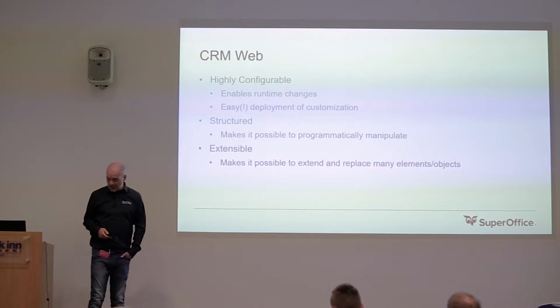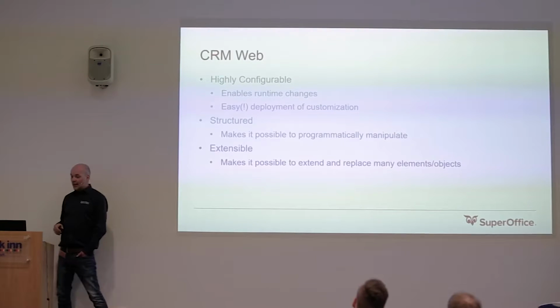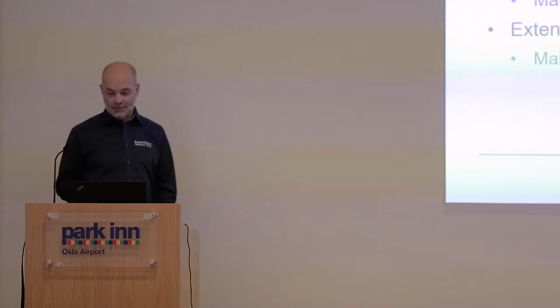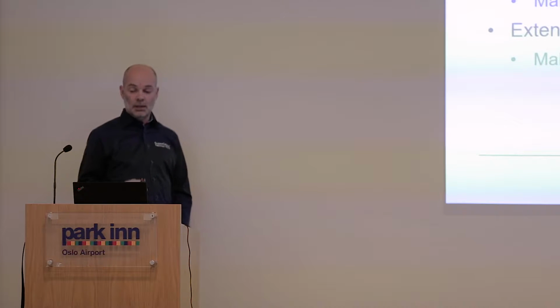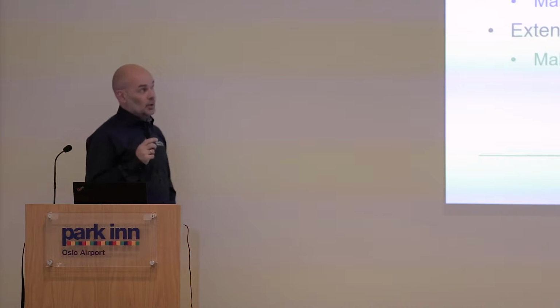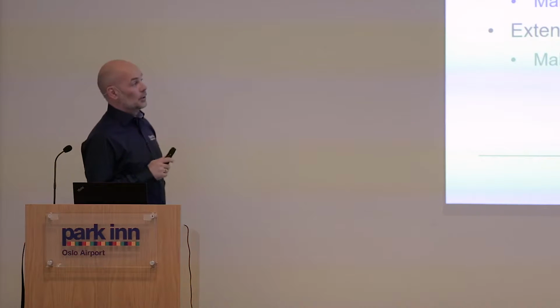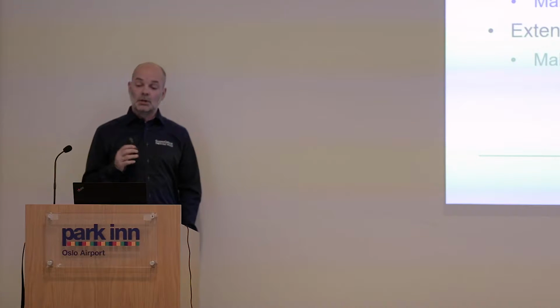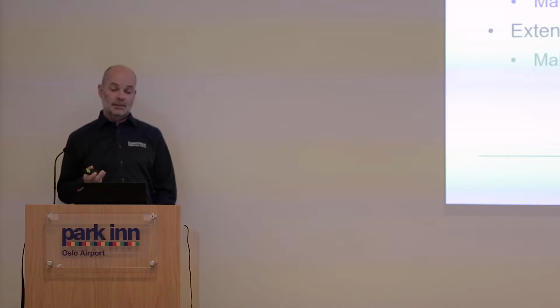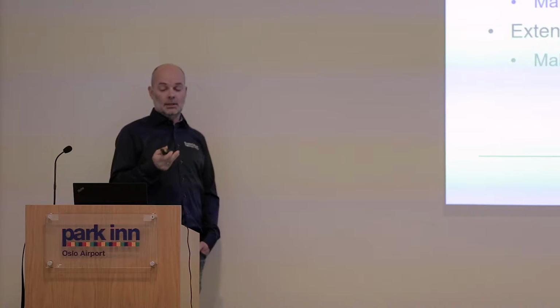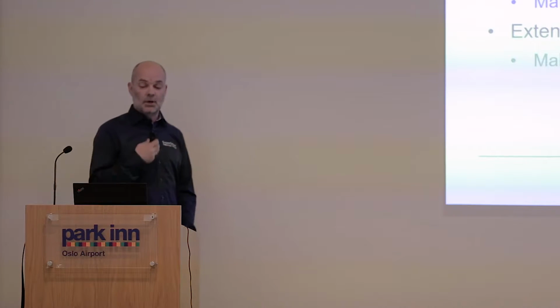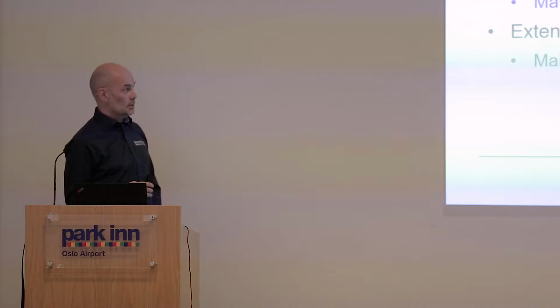So, CRM WEB is a highly configurable client. It was made with the point in mind that it could be configurable, extensible, and very structured, to be able to manipulate the client using code or using merge files or replacement files for the configuration.